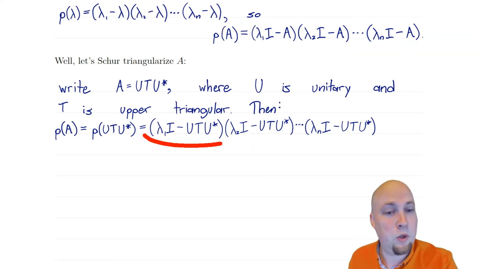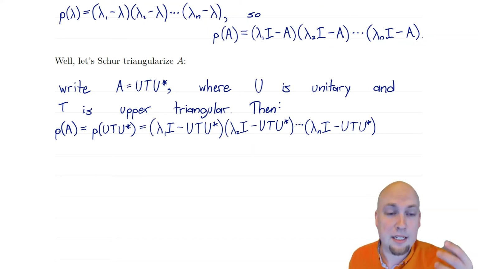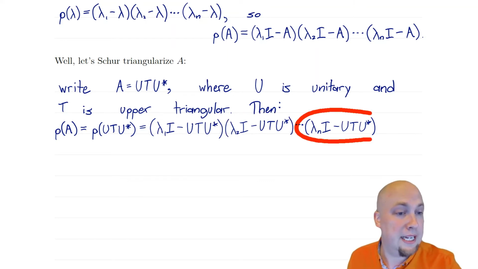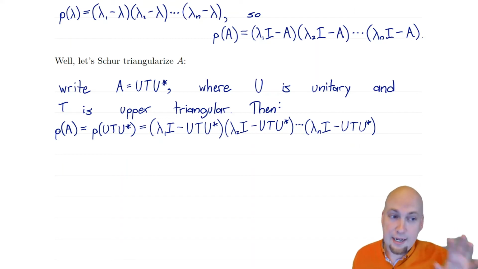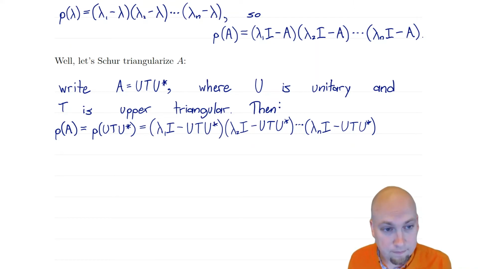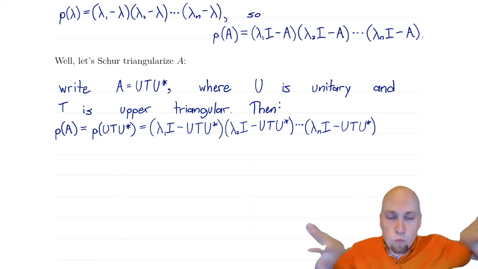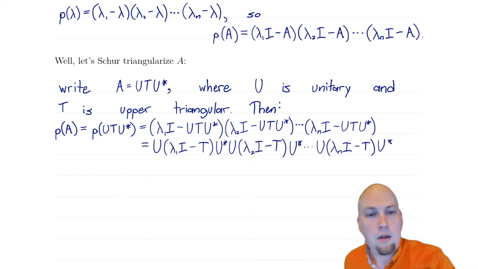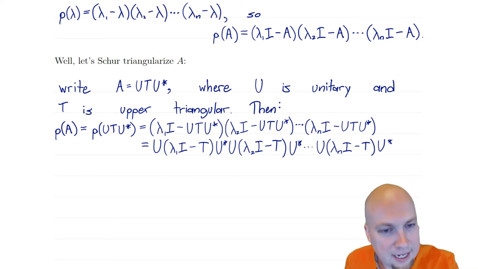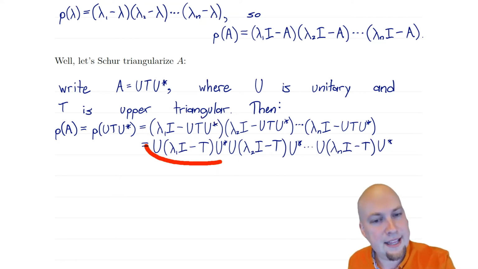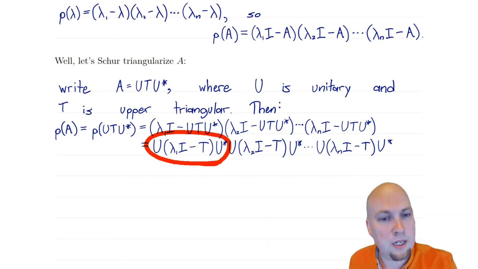So I get lambda 1 I minus UTU star, lambda 2 I minus UTU star, all the way down to lambda n I minus UTU star. Now the idea is I want to pull those U and U stars out of there, to get rid of them as much as I can. If I pull a U out on the left of this bracket and a U star out on the right, then I get this first term: U times lambda 1 I minus T times U star.